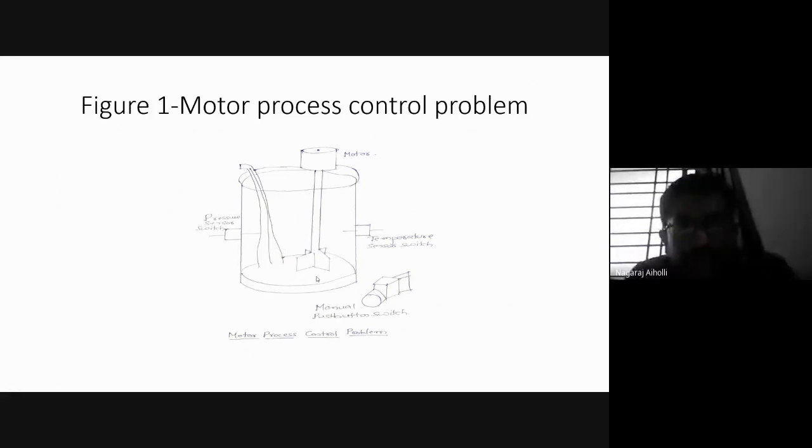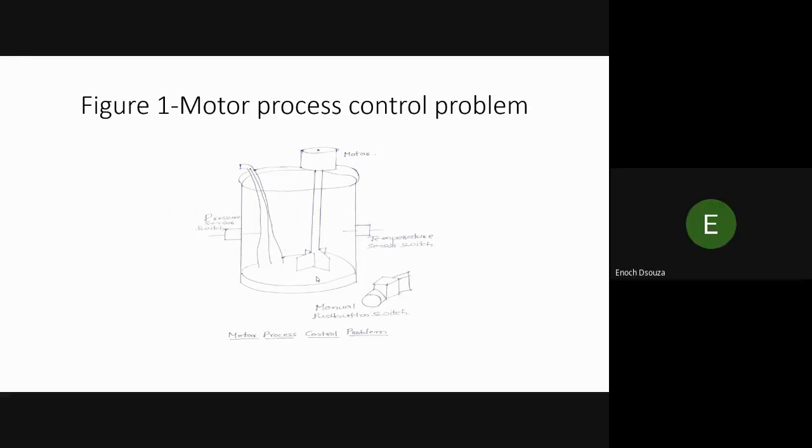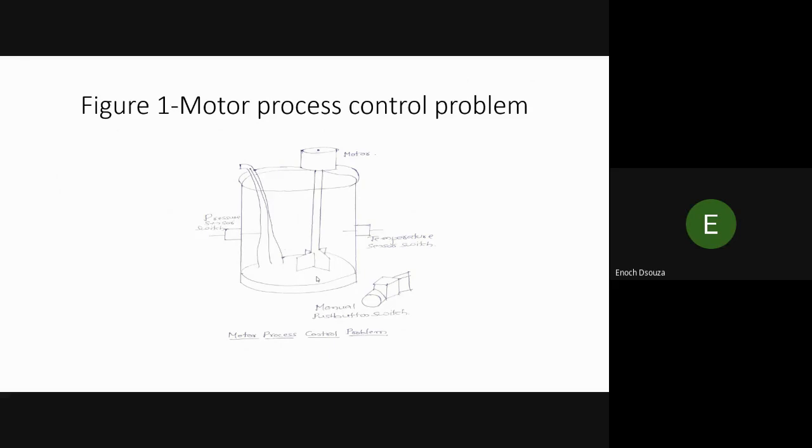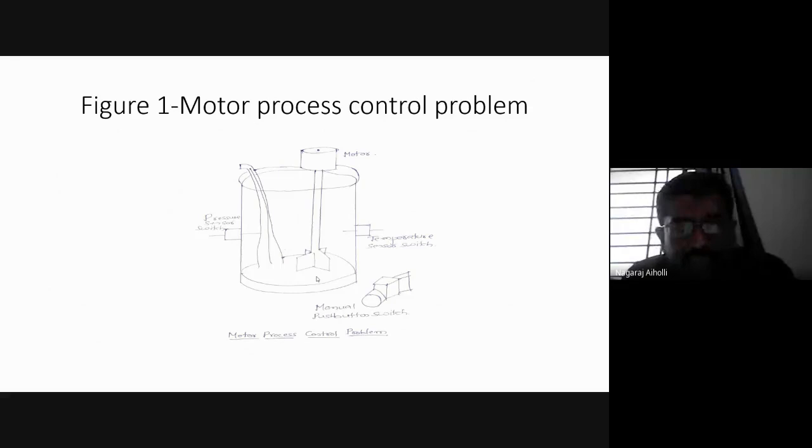Tell me, please. When does it start? After receiving the input. Very good. Which inputs? Pressure sensor switch and temperature switch. Excellent. So when it receives the signal from the pressure and the temperature sensor, only then the motor will operate.